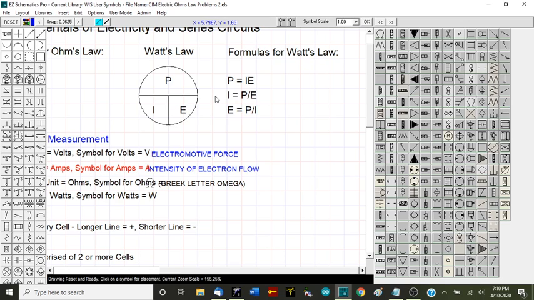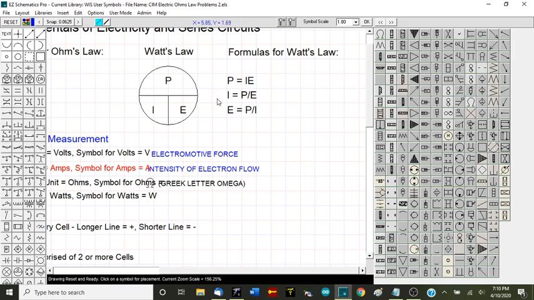P in this case stands for power. Power equals the intensity times the electromotive force, I should say. In other words, power equals current times voltage.